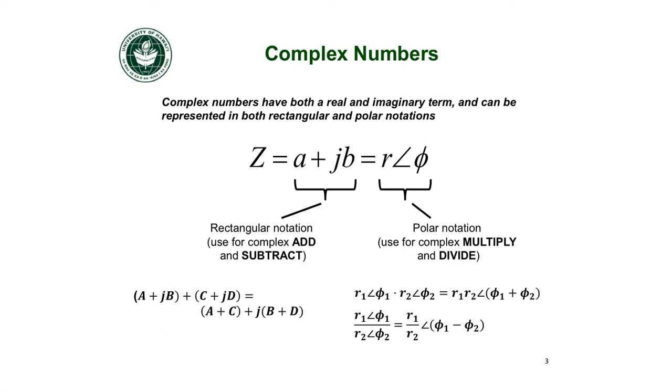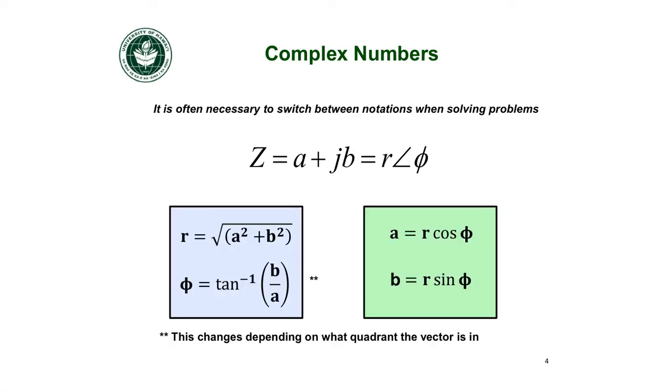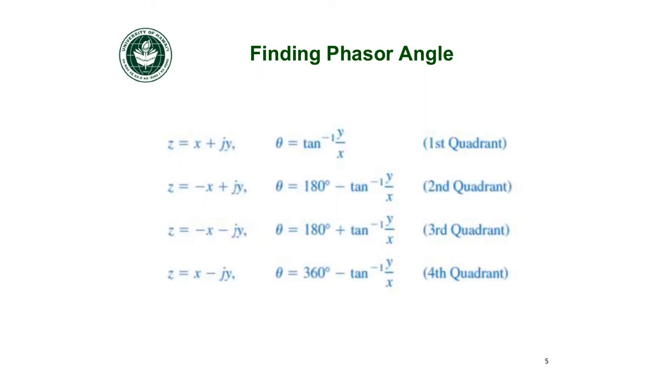We also would want to switch between both rectangular and polar notation. And we can do that by following the equations in the two boxes on this slide. Just note that in order to convert to the phase angle for the phasor notation from the rectangular notation, it might be necessary to alter that arctangent equation a little bit, depending on what quadrant the complex number vector representation is in, and that is on this slide.